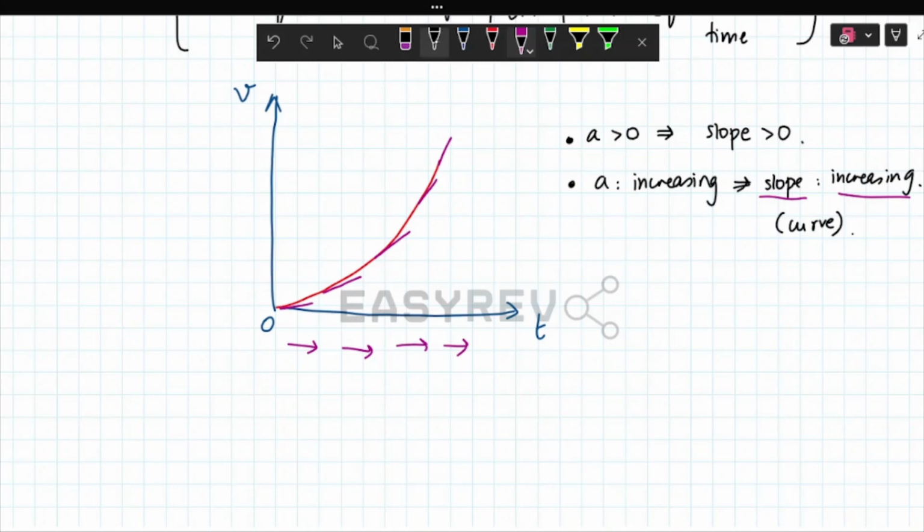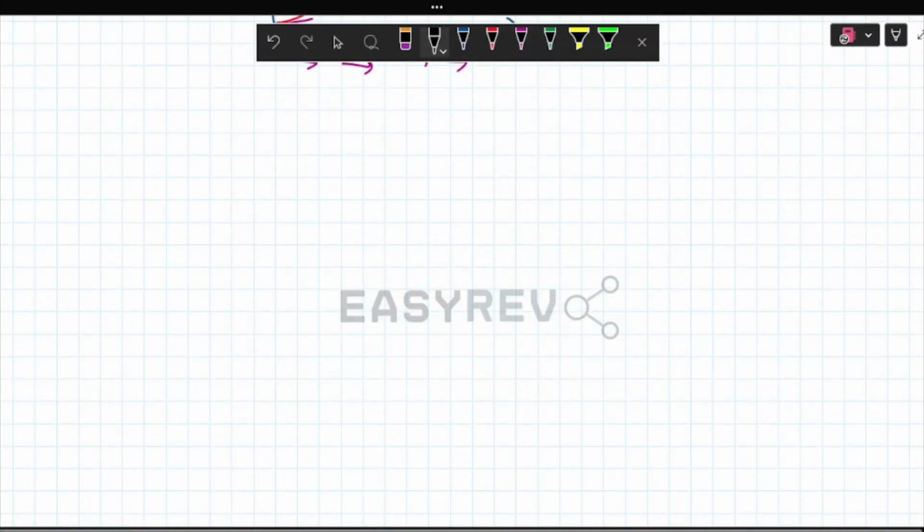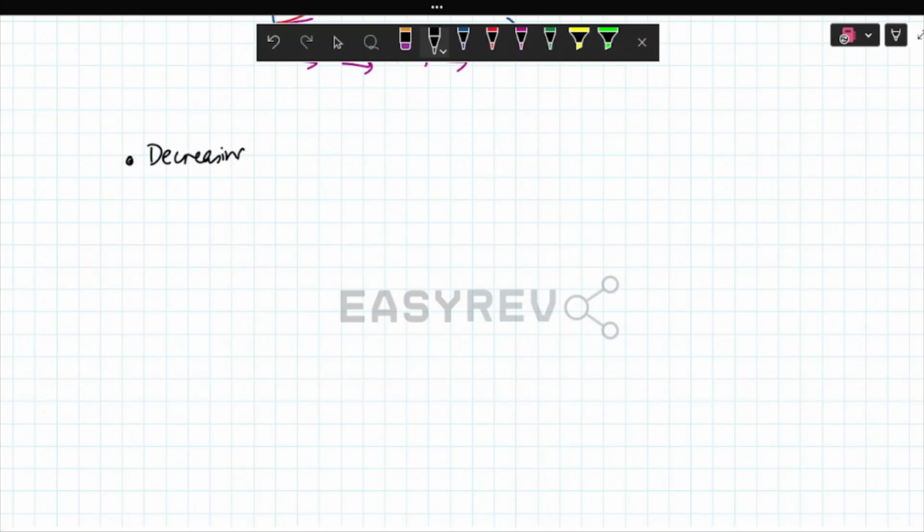Great. Now that we have a good understanding of what increasing acceleration looks like, it's easy to understand what decreasing acceleration will look like. And let's draw that next. Here too, we'll resort to our trolley.